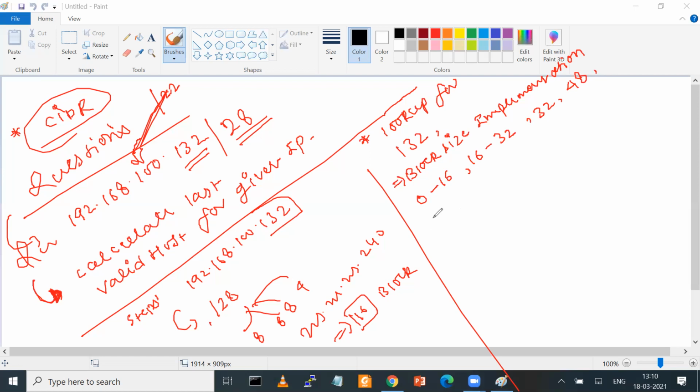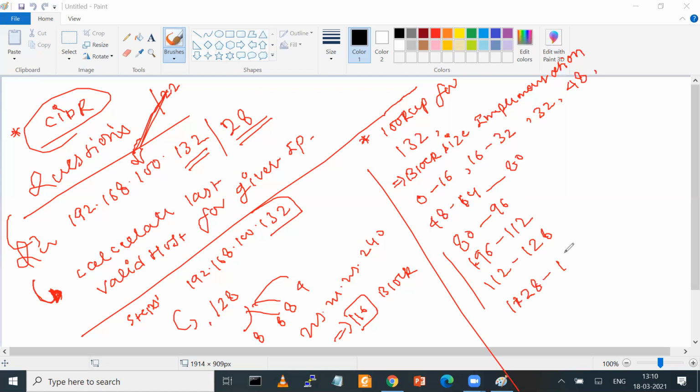That we already did, so I'm not going to explain it much. 64, 80, 96, 112, 128, and 128 plus 16 is 144. So guys, I got my block.